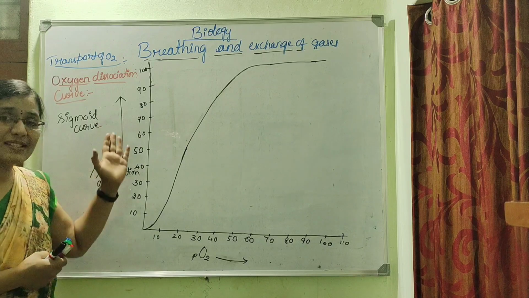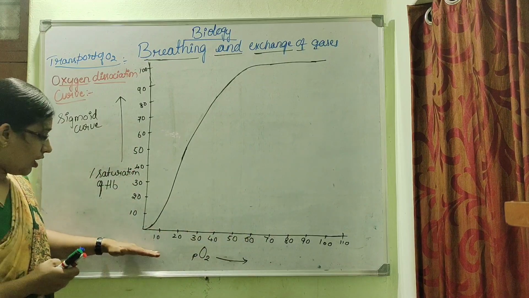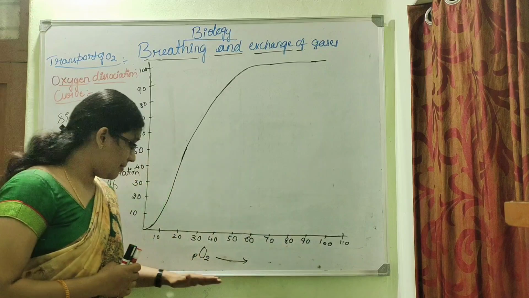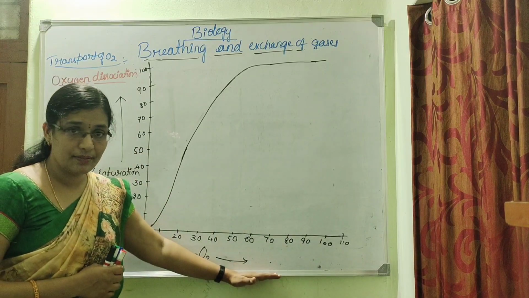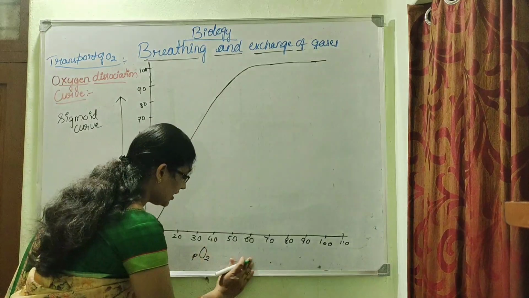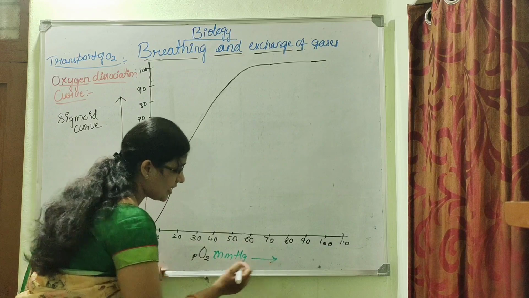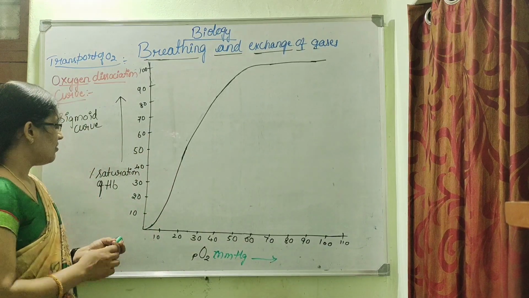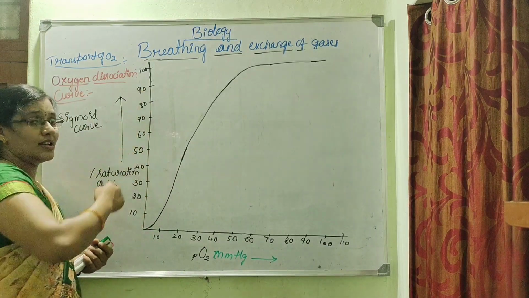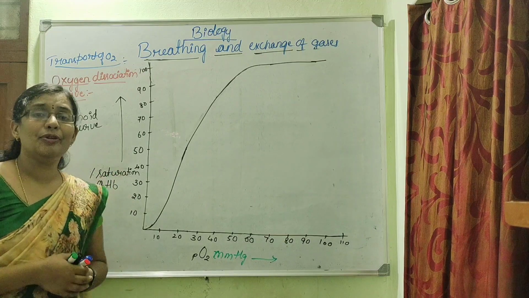So to explain that, I have written a graphical representation. On the x-axis, I have taken the partial pressure of oxygen, and the SI unit is mmHg. Whereas on the y-axis, I have taken the percentage saturation of hemoglobin molecules.